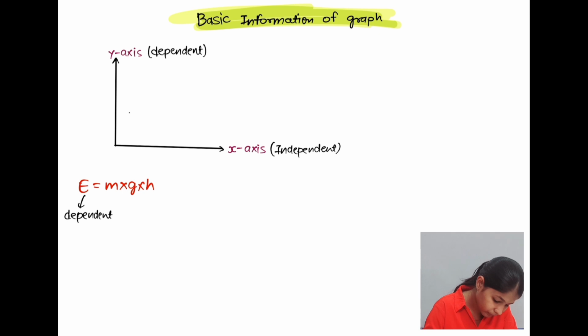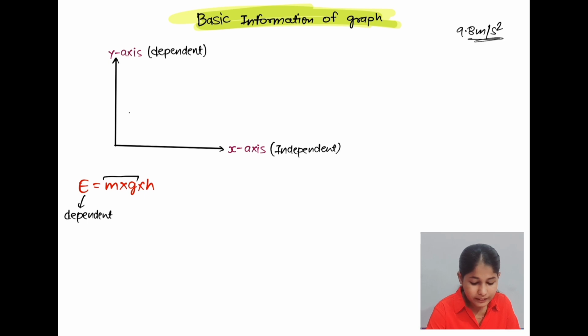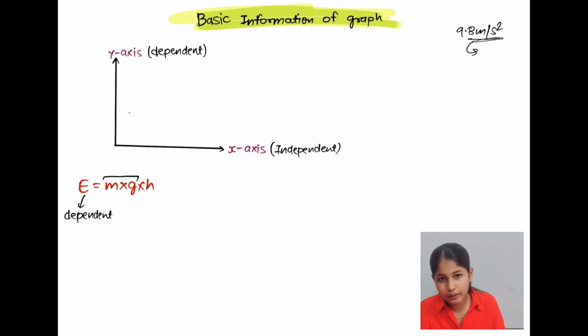Then in case of m and g, as you know, the acceleration due to gravity, what is its value? 9.8 meter per second square. Does it change? Does it vary from place to place? Is it variable? No, simply. Because acceleration due to gravity will be the same.